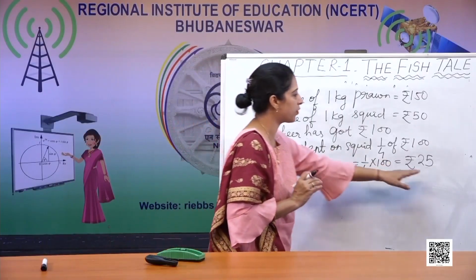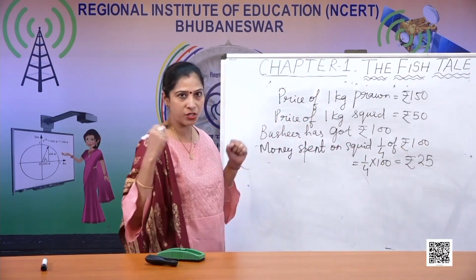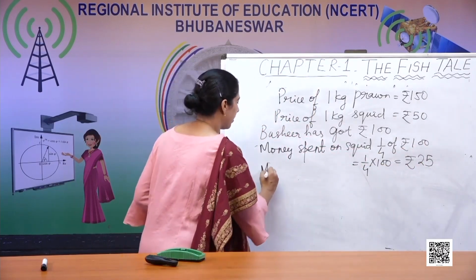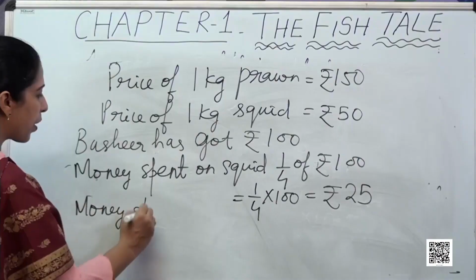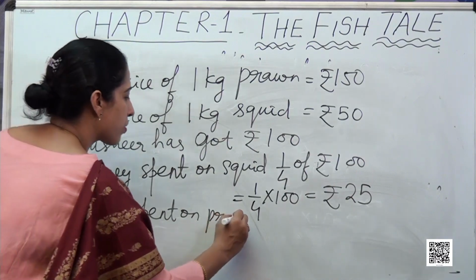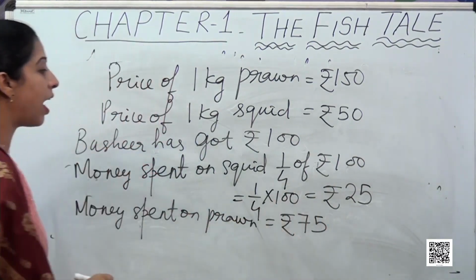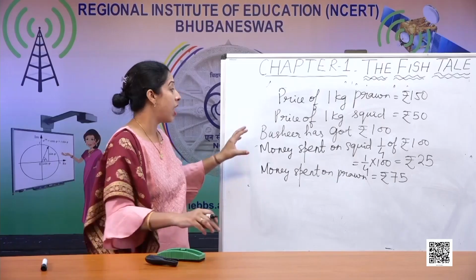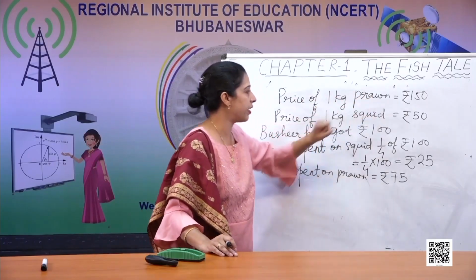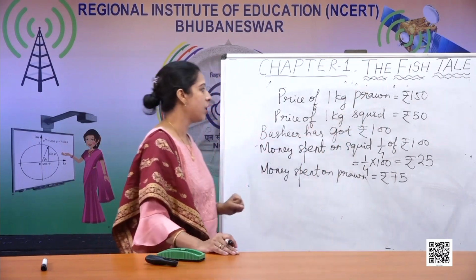If he spent 25 rupees on squid, how much money will he spend on prawns? 100 minus 25. So money spent on prawns is equal to rupees 75. Now we have to find out how much prawn and how much squid he got for that money.